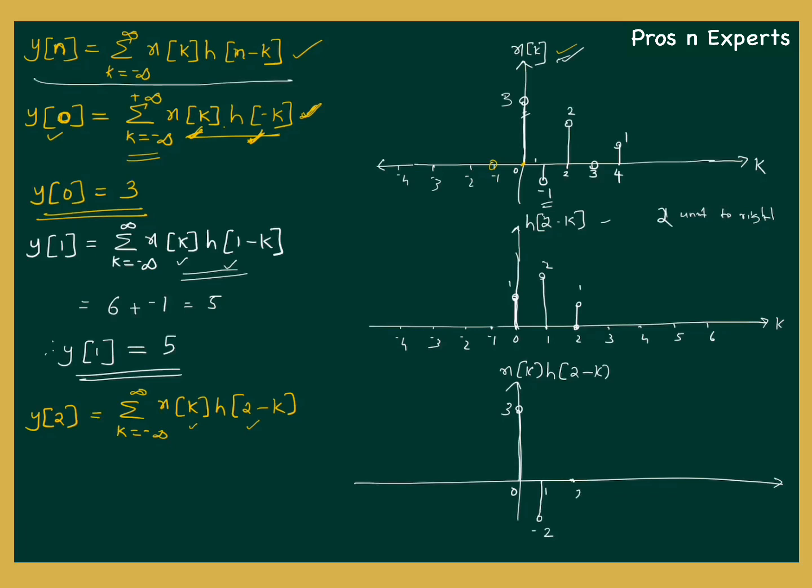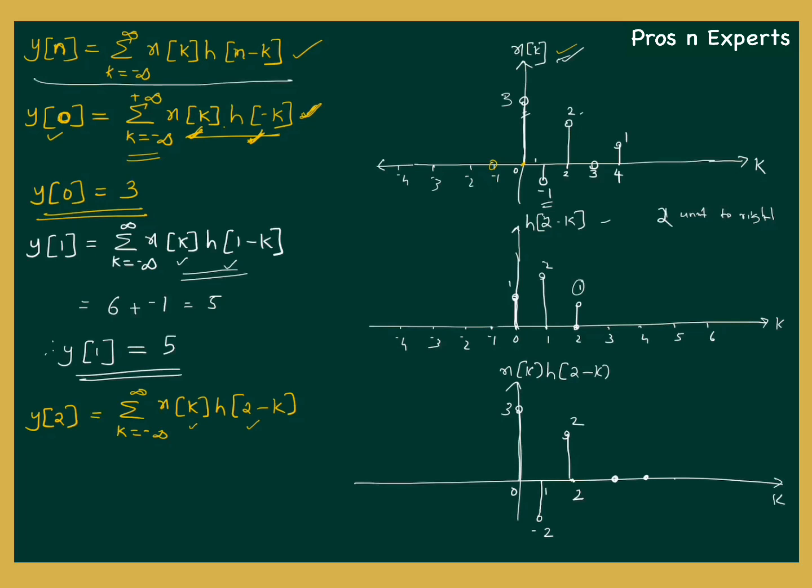At k equal to 2, we have amplitude 1 and amplitude 2. 1 into 2 is 2. Okay, at 3 we have both amplitudes 0, so the product also will be 0. At 4 we have amplitudes 1 into 0, 0, and all the further amplitudes will be 0. So this is x of k into h of 2 minus k.